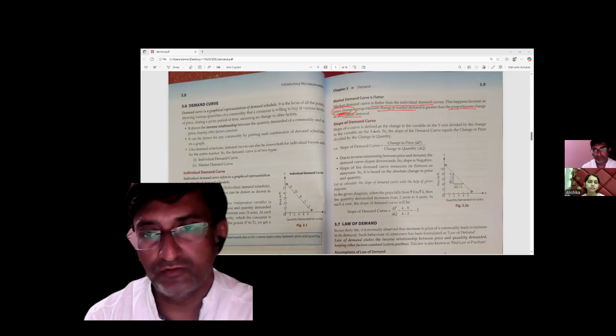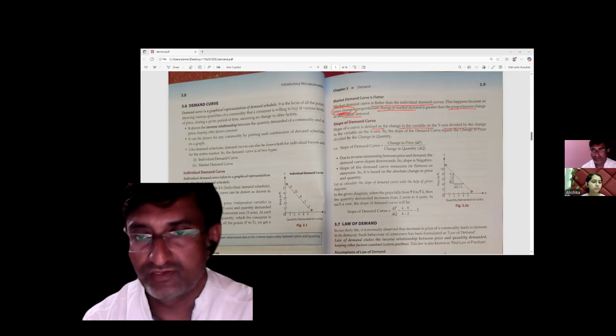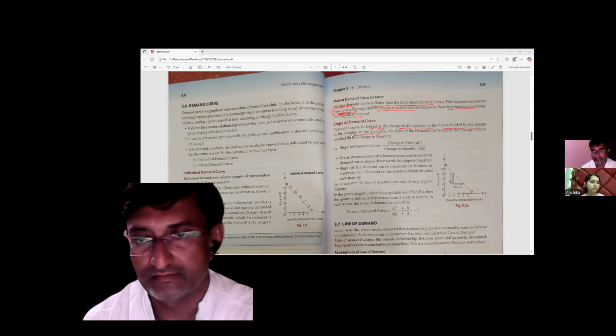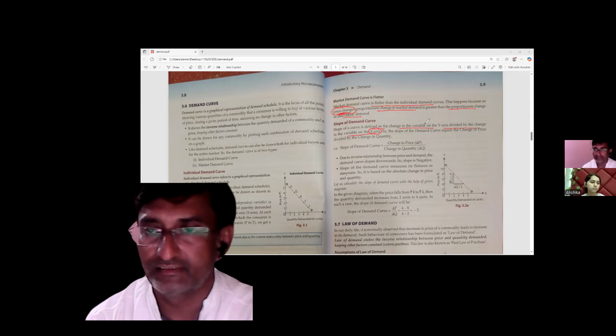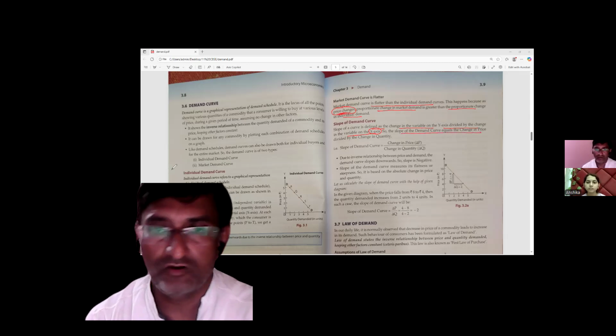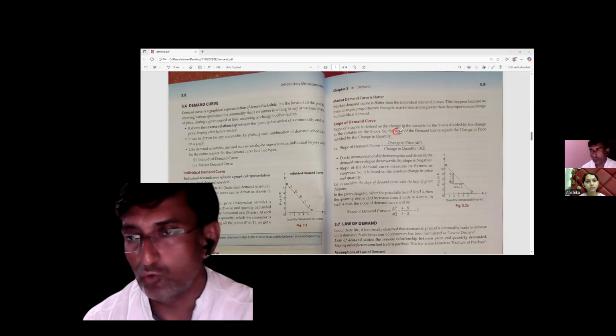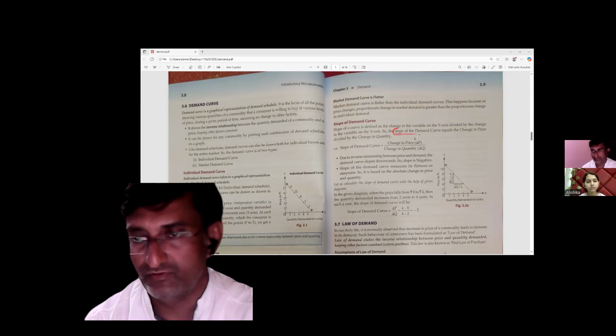Now, the slope of a curve is defined as the change in the variable on the y-axis divided by the change in the variable on the x-axis. If the y-axis is changing, at the same time the x-axis is also changing. So the slope of the demand curve equals the change in price divided by the change in quantity.